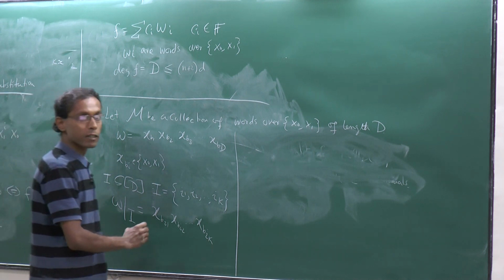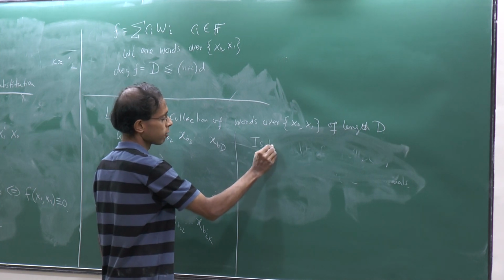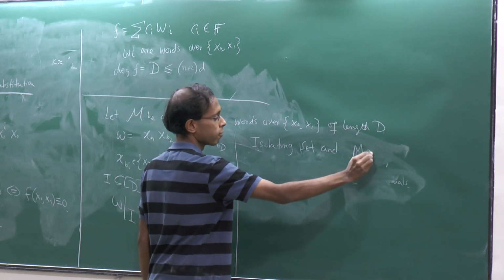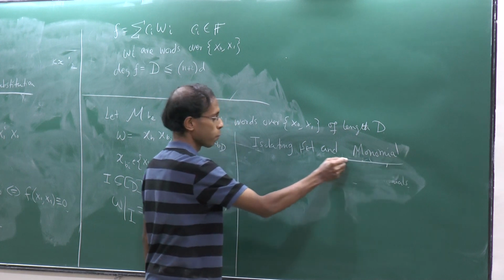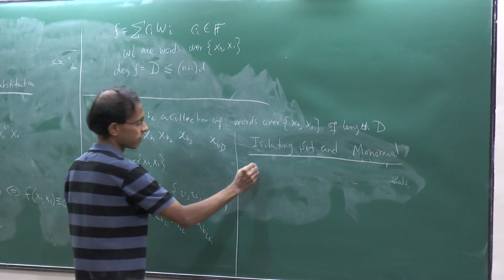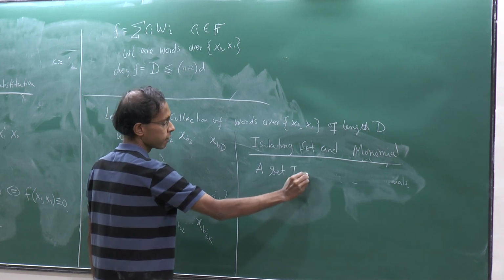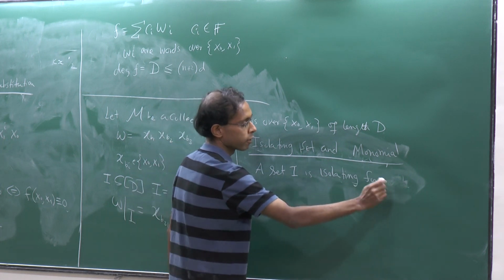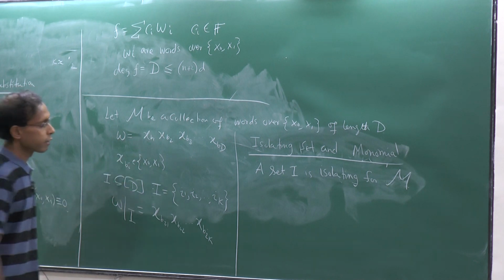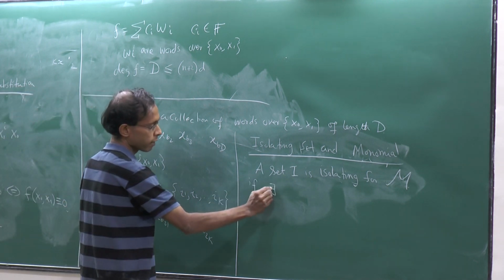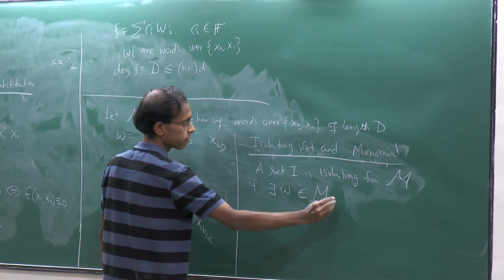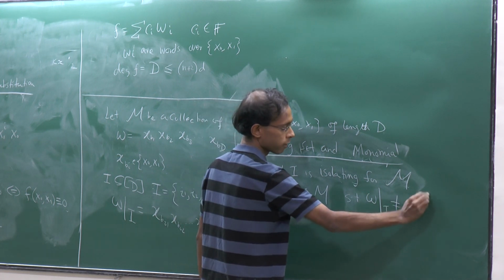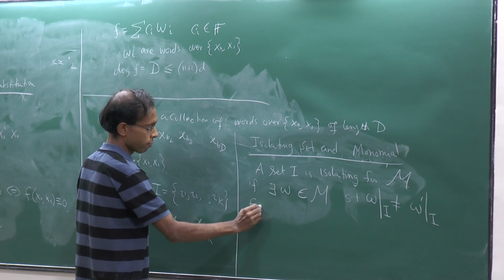Now, let me give a little bit of definition. Let us call a set I isolating for the set M, which is a set of strings, if there exists a monomial or word inside the set such that w restricted to I is different from w' restricted to I for any other w'.